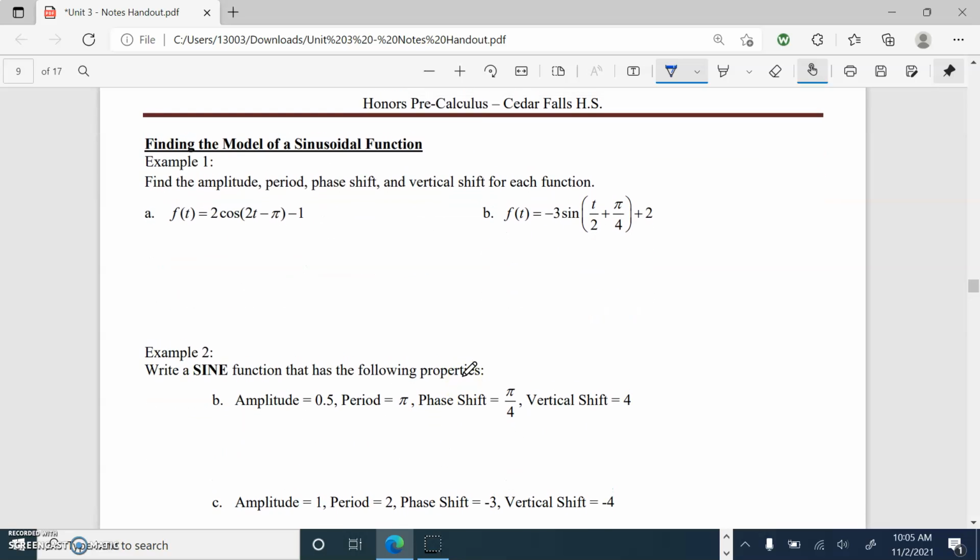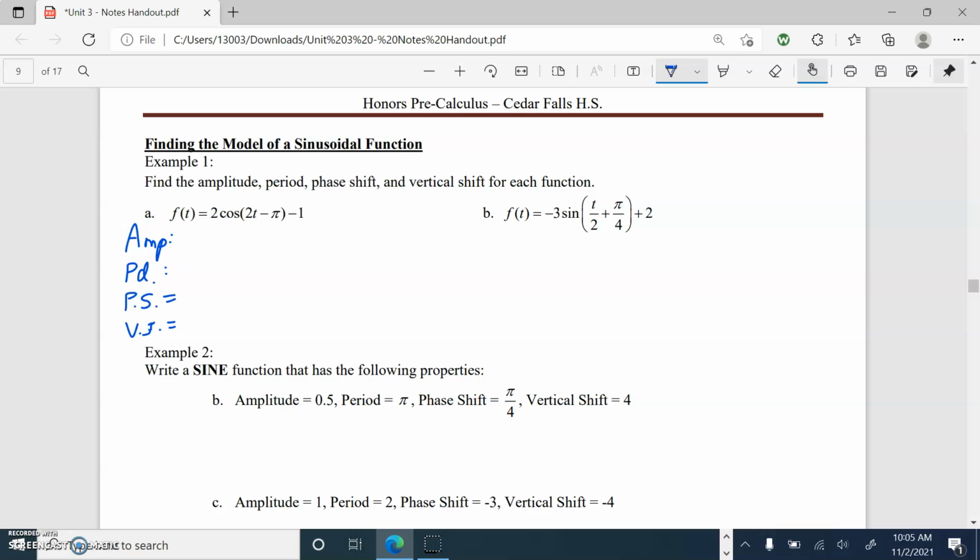Example 1: find the amplitude, the period, the phase shift, and the vertical shift. How I'm going to go about doing this is starting on the left-hand side, and pardon my shorthand, but I don't have a lot of room and my pen is kind of bulky. So amplitude, and PS for phase shift, VS for vertical shift.